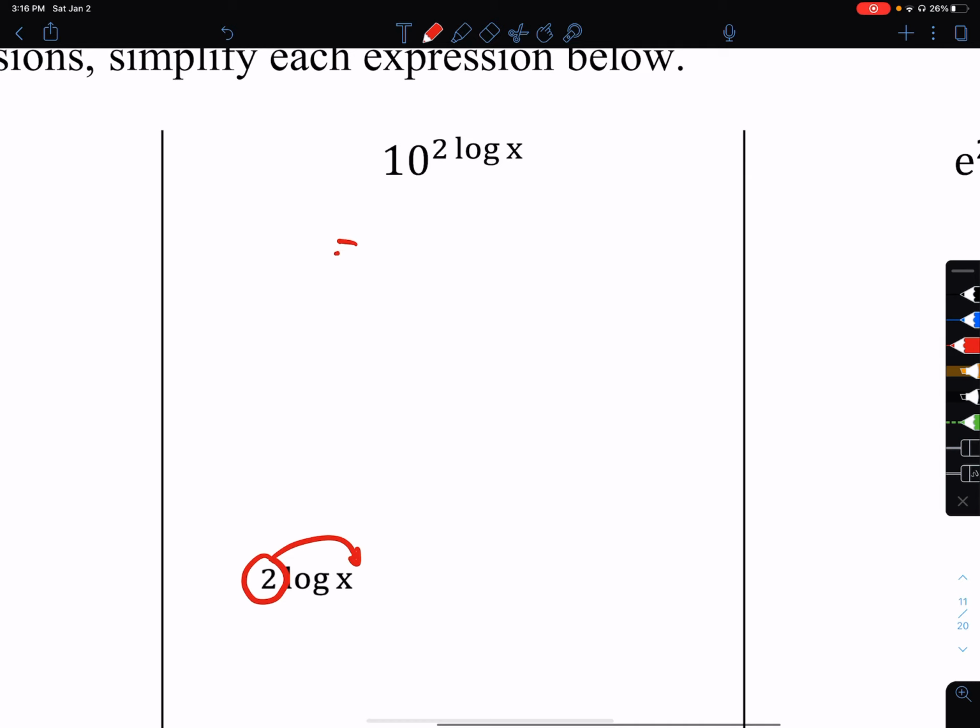So that means this would become 10 to the common log of x squared. So this is an exponent for 10, and this is an exponent for the x. Now, using the log identity, we have a base of 10, which is raised to an exponent that is a logarithm with the same base of 10, so it just becomes the argument.